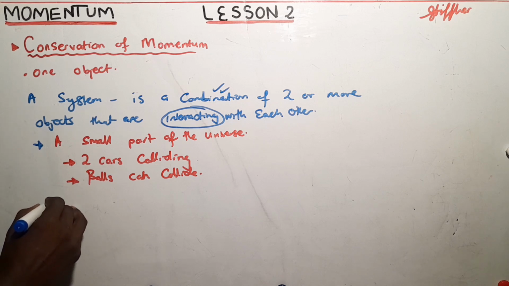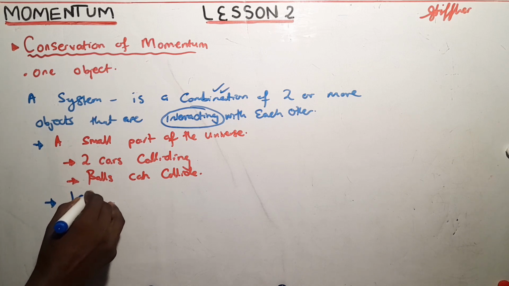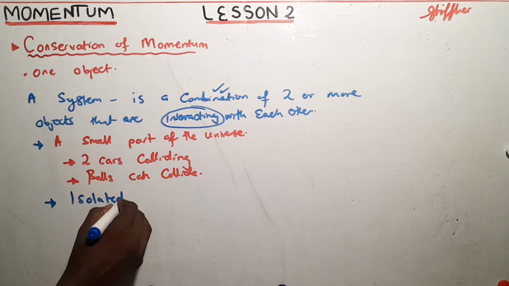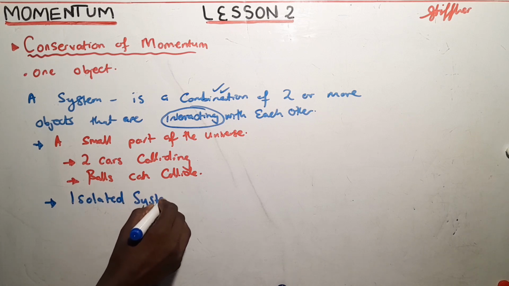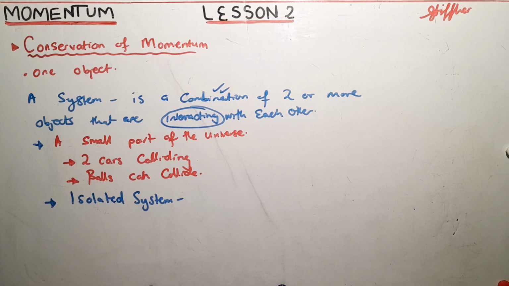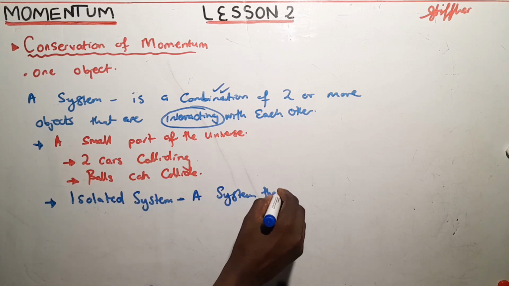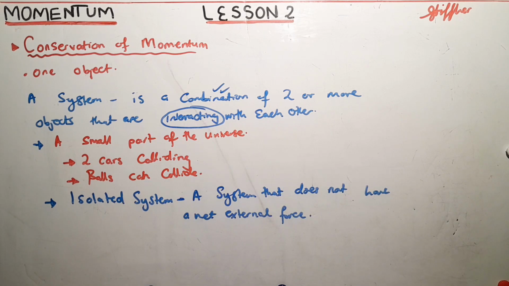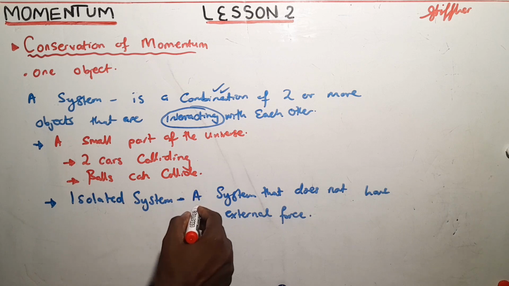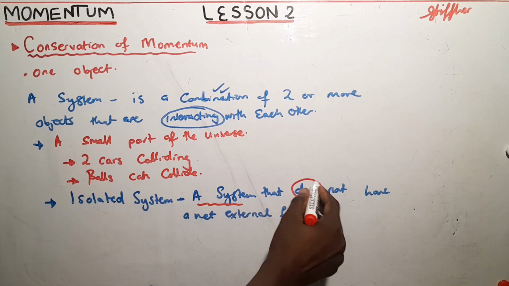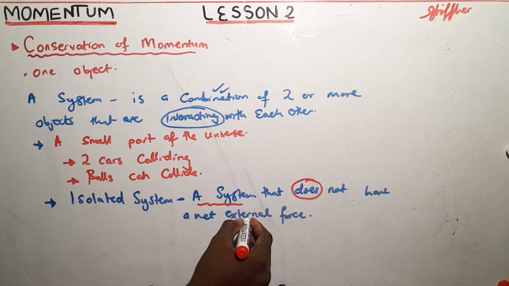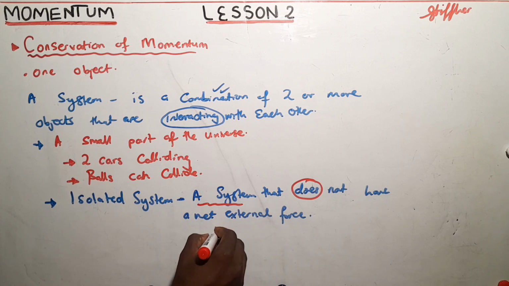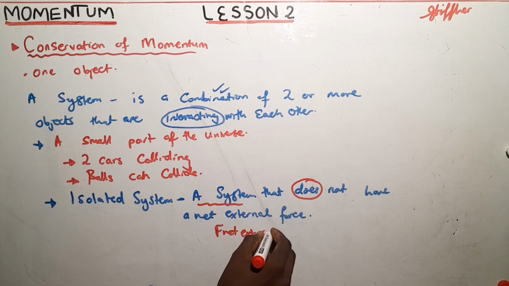But we are more interested in isolated systems. So what's an isolated system? It is a system that does not have a net external force. So it means that F net of external is equal to 0.